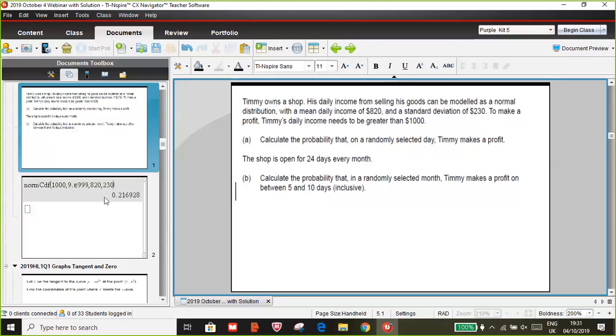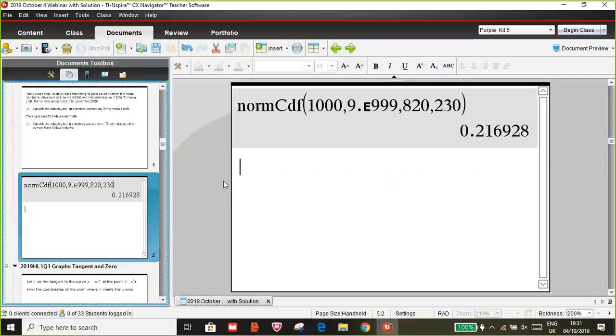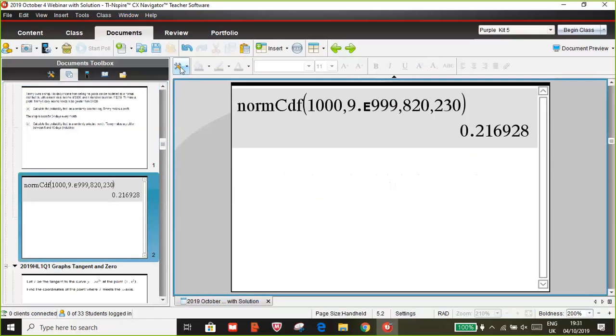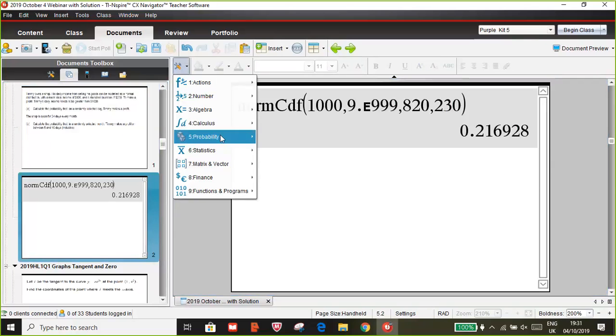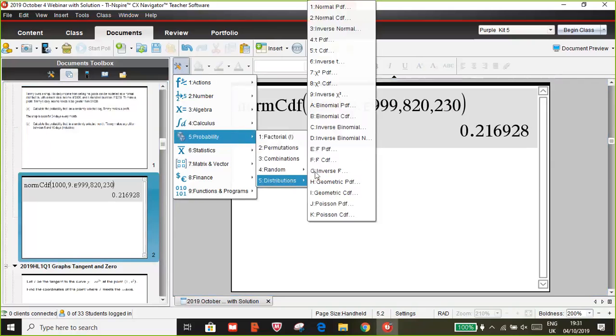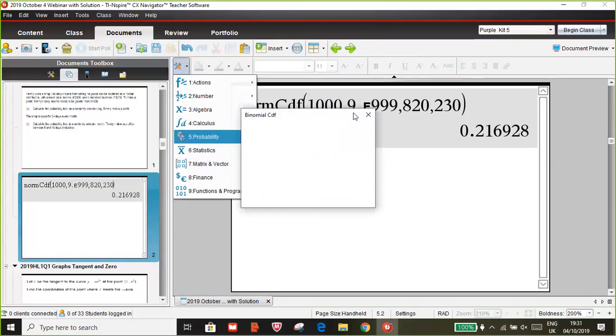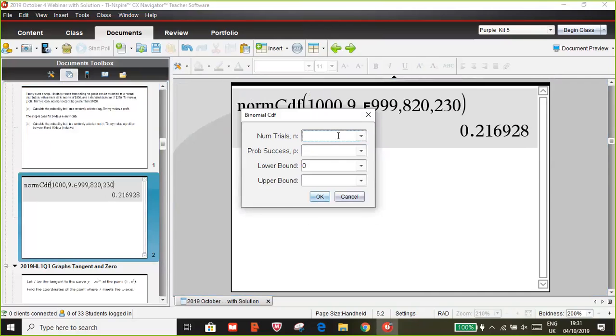So what I will teach my students is to identify the distribution. This is a binomial CDF. The trials is 24. Now the probability of success. How do I put in the values?